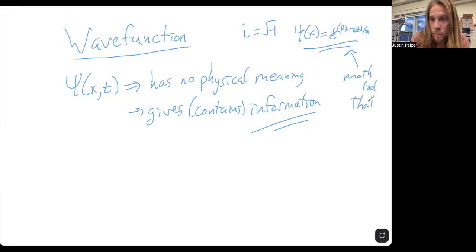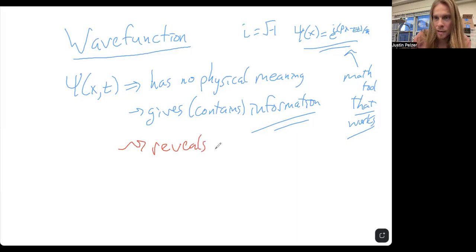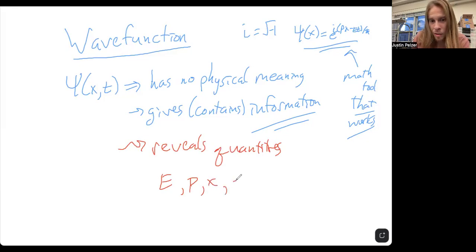that works, that spits out, or reveals, specific quantities, such as the energy, such as the momentum, such as the position, etc., about a particle or whatever the wave function is representing.